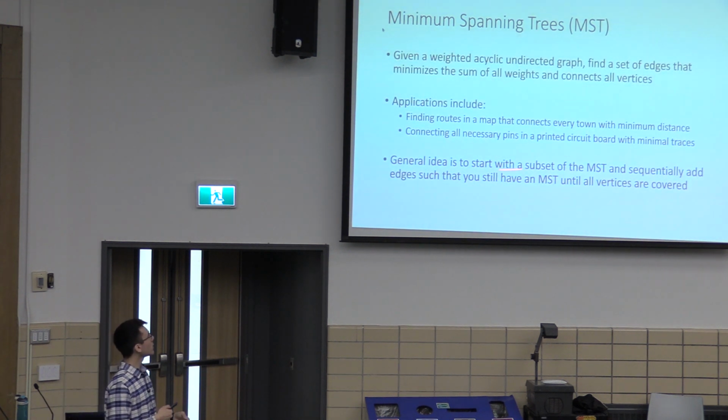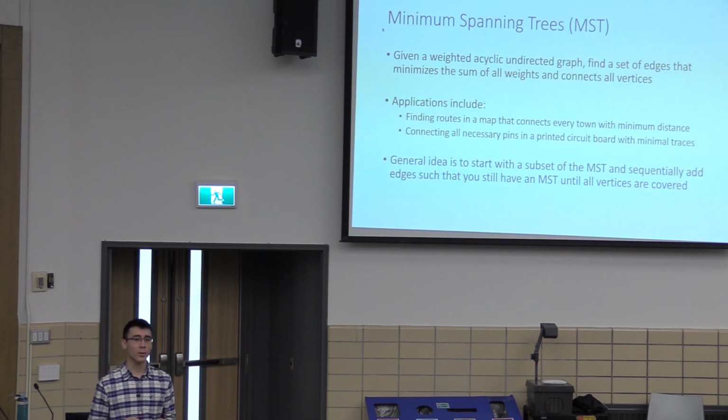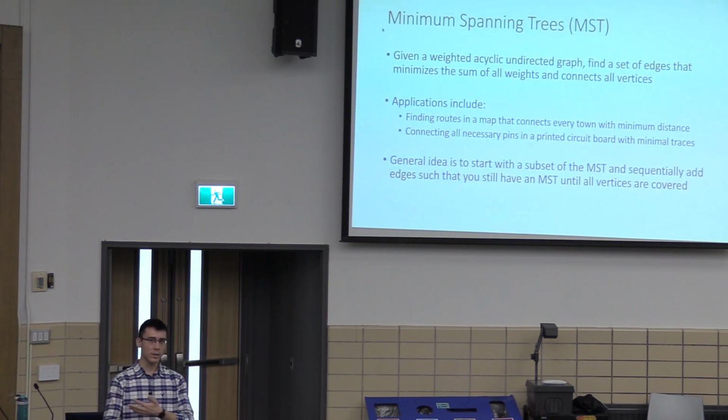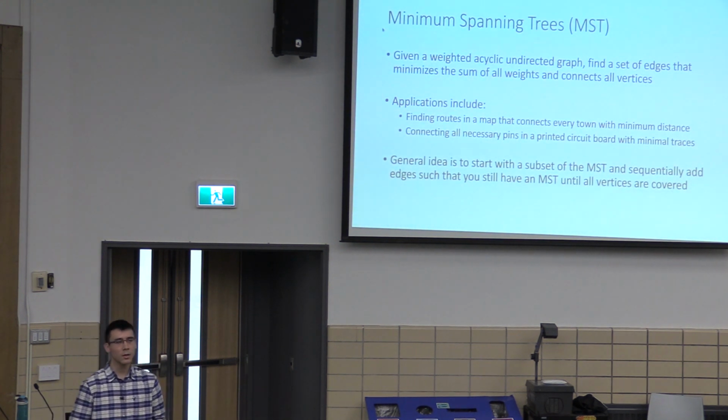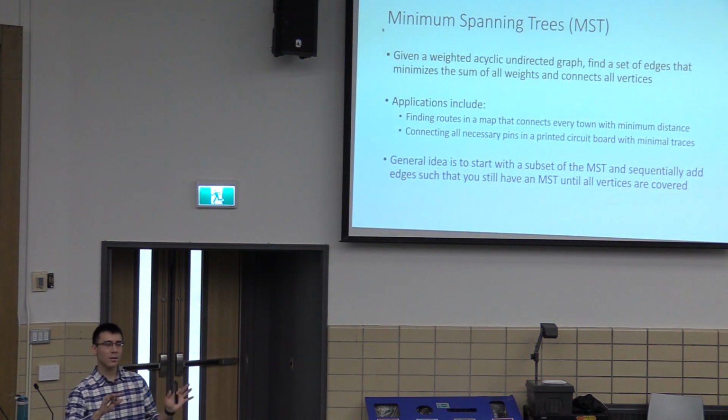Another application is in printed circuit boards. So let's suppose we're trying to manufacture a printed circuit board or a PCB. That typically consists of a lot of components together, like maybe surface mount resistors, transistors, capacitors, and so on. And now the problem is, we drew a nice schematic.